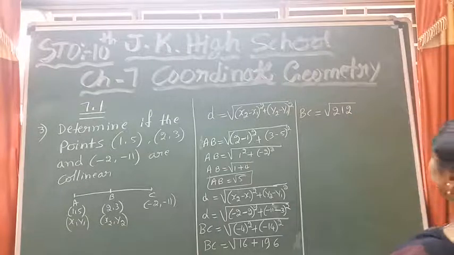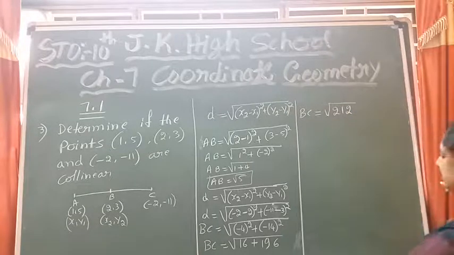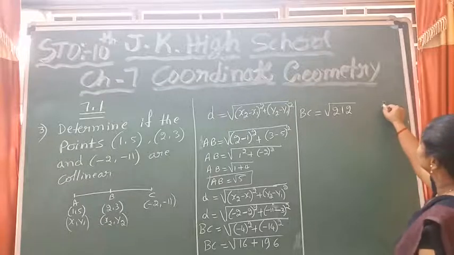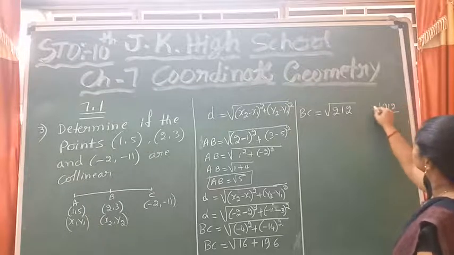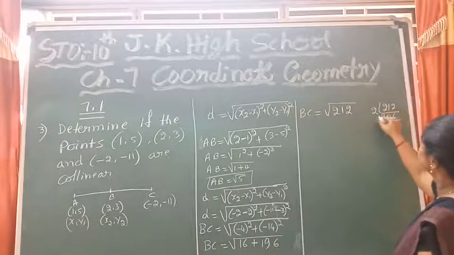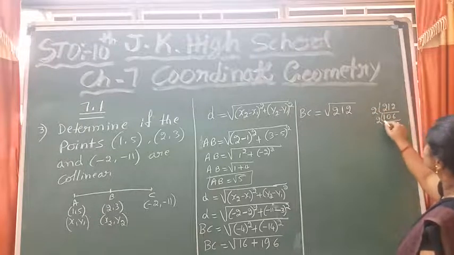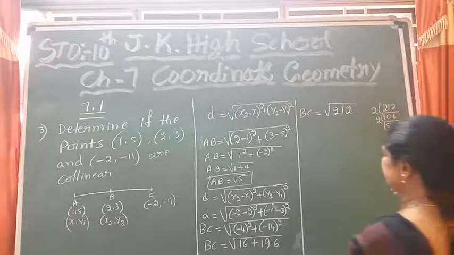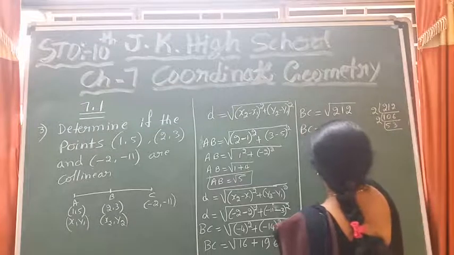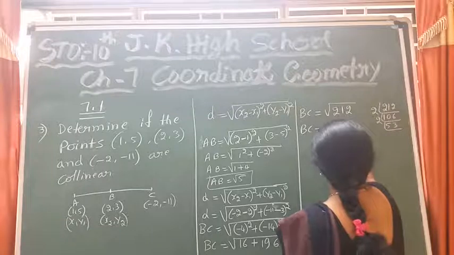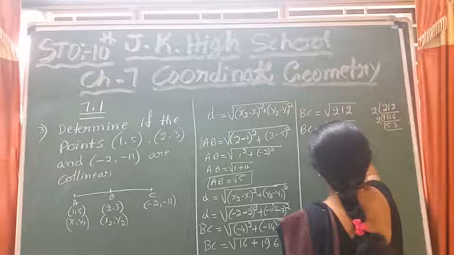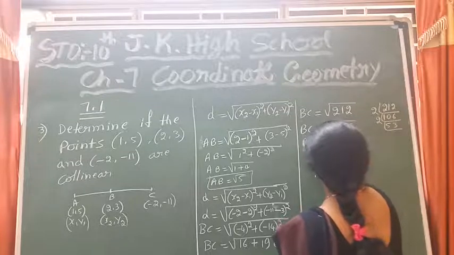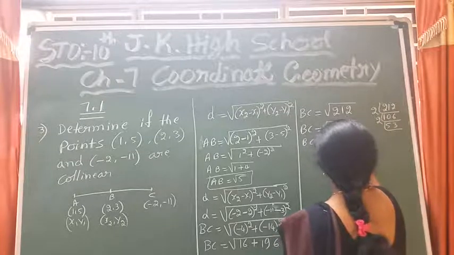So 212 you can split it into the simplest form. 212 is 2 into 106, 2 into 53, and 53 is a prime number, I cannot split it. So you can write it as 4 into 53. So 4 into 53 means the BC measurement becomes 2 root 53.